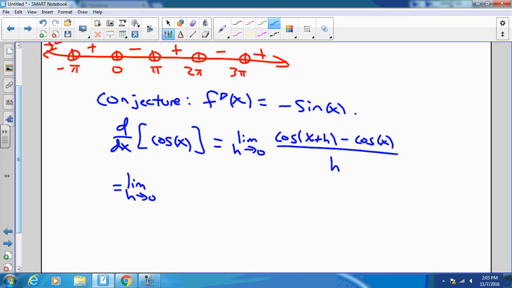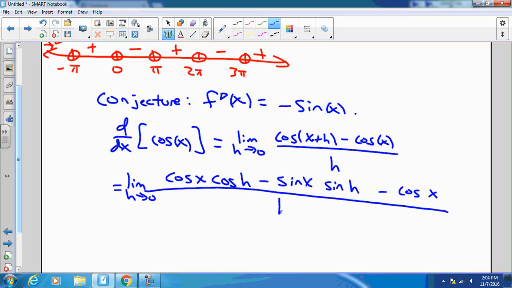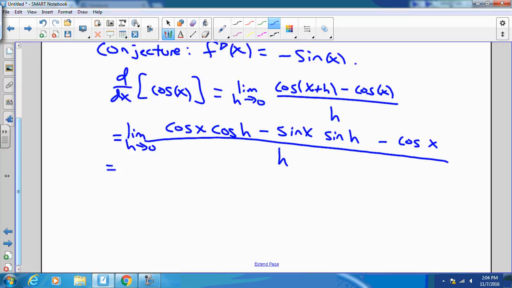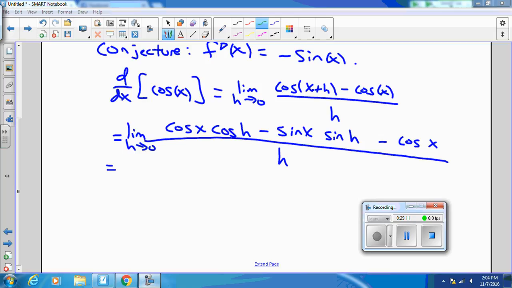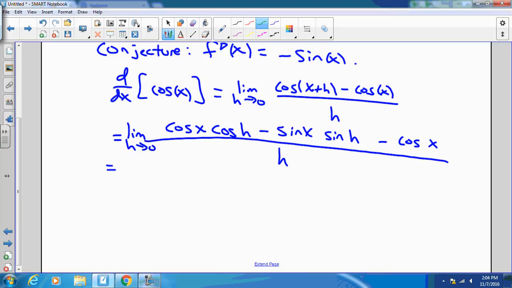If you're not sure, your smartphone knows. Grab your phone. Cosine x times cosine y minus sine x times sine y. There we go. So in this case, it would be cosine x cosine h minus sine x times sine h, all of that minus cosine x, and all of that over h. Good. Okay, where from here?